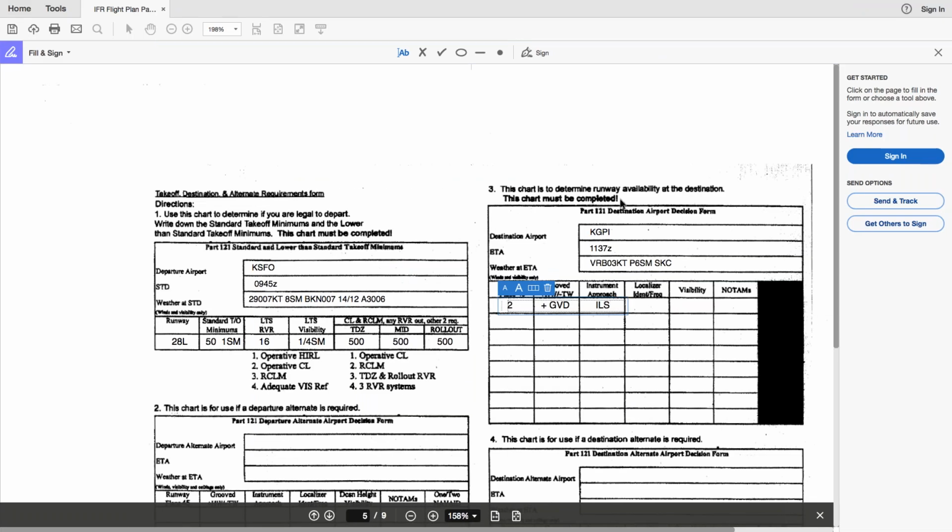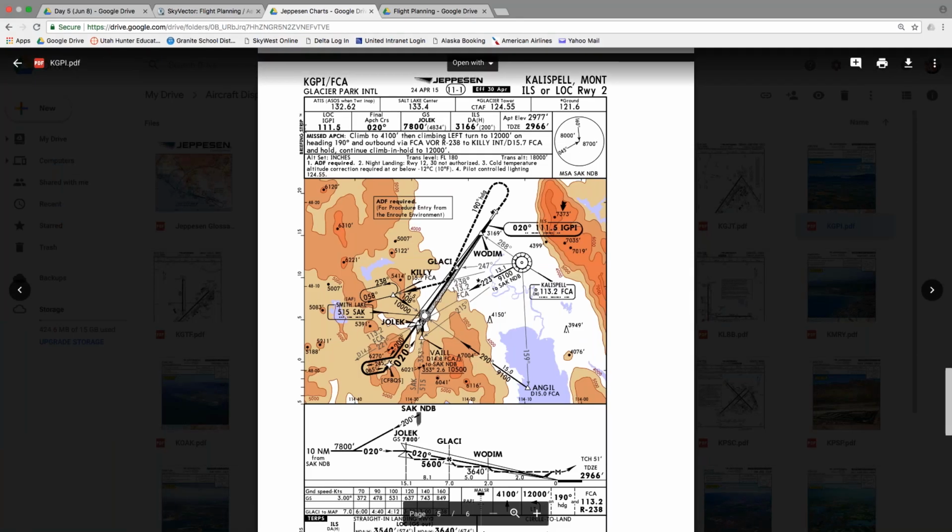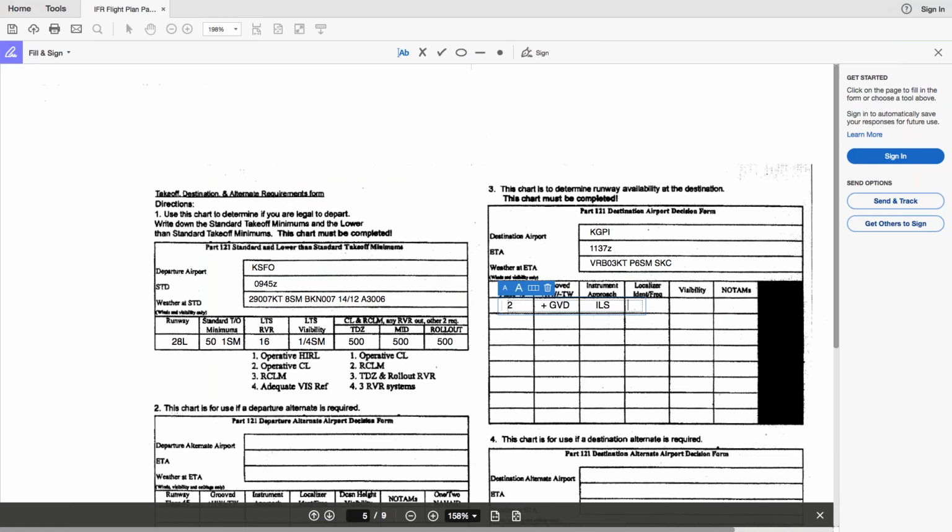Our ILS or localizer, but if it's an ILS, then we automatically can assume that it's localizer too. So the ident or frequency that this approach is using is 111.5. We find that up in this box. You guys remember, right? 111.5.